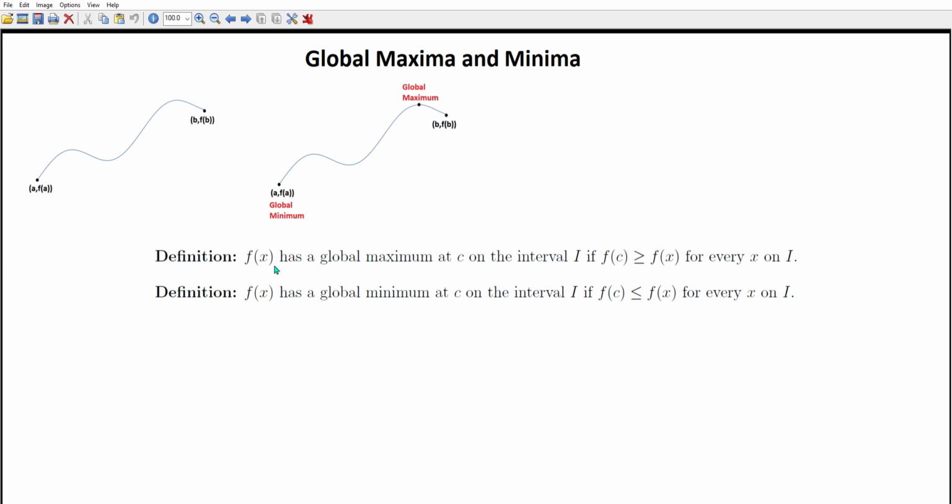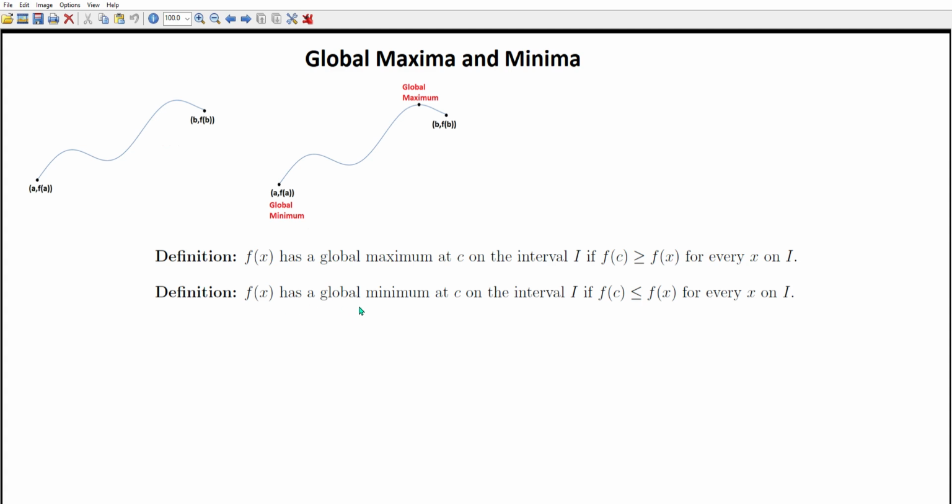f of x has a global maximum at c on the interval I if f of c is bigger than or equal to f of x for every x on I. The idea here is the biggest function value occurs at c, everything else is less than or equal to it.